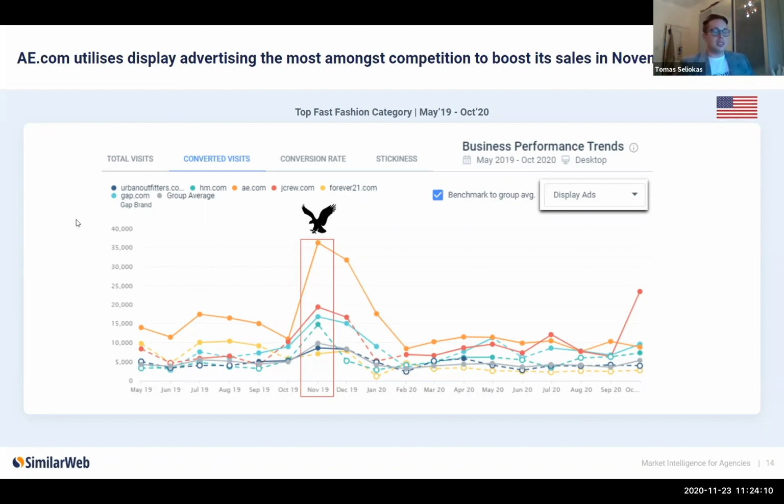But the part that a lot of people miss is taking that one more step further, because just understanding that American Eagle is using display ads to drive a lot of conversions during this time is not enough. Because even though you can get more budget, you can really easily understand also tactics, understand where they're using that display ad budget.